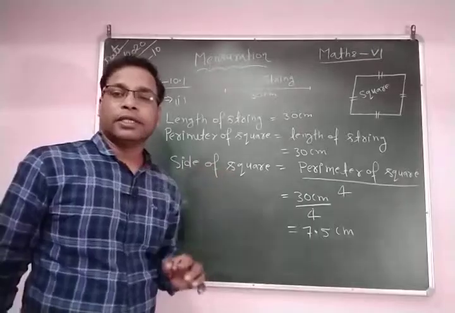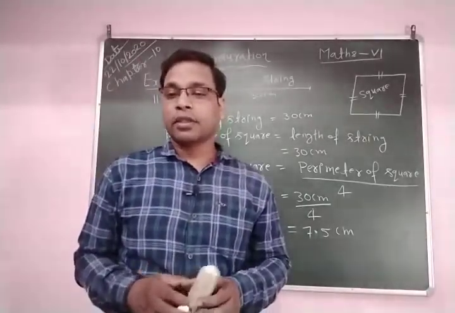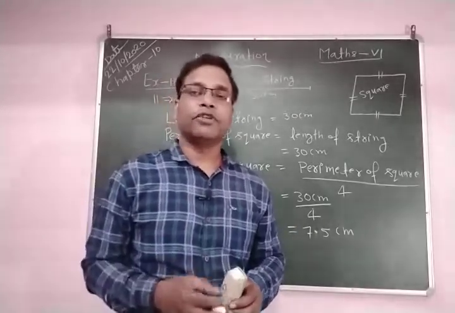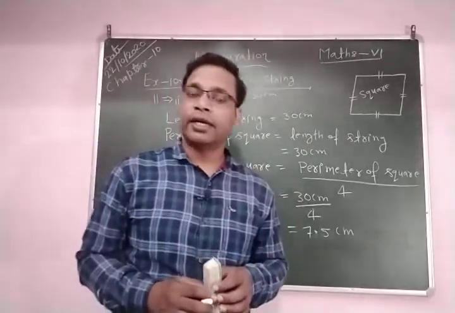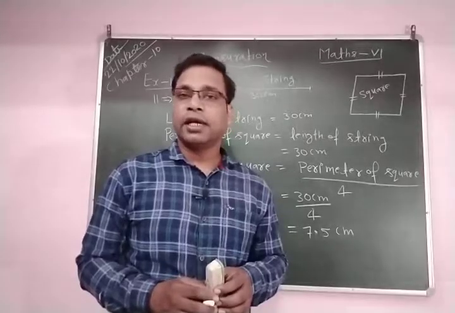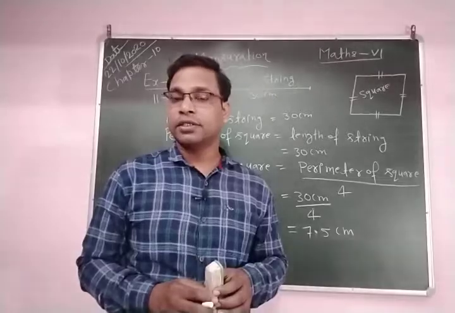Okay. Now the second part of this question is an equilateral triangle. Again, you refer to this string and the equilateral triangle. We need to find the side of this equilateral triangle.